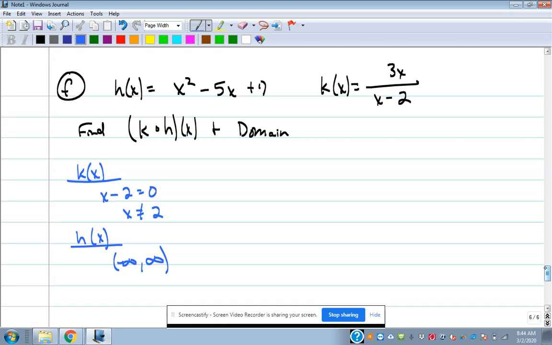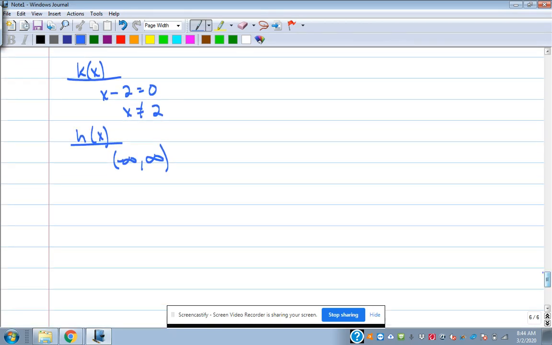So we need to know when is the second function that we're plugging into it, when is it equal to 2. So when is h of x equal to 2?